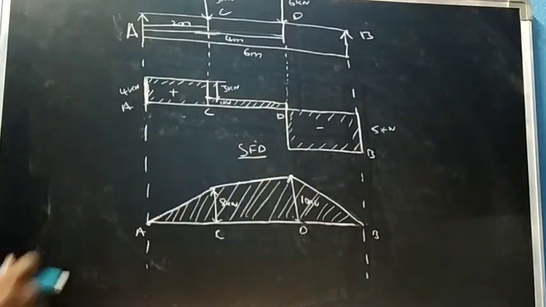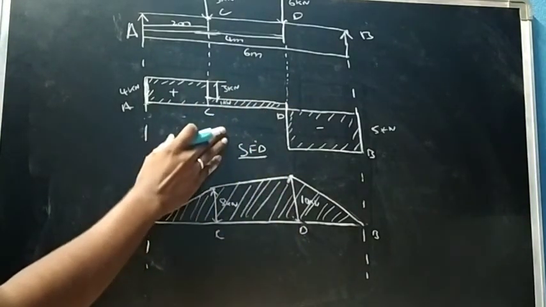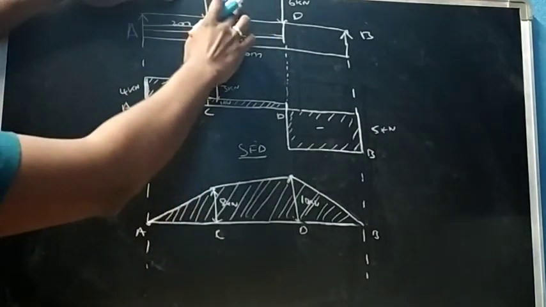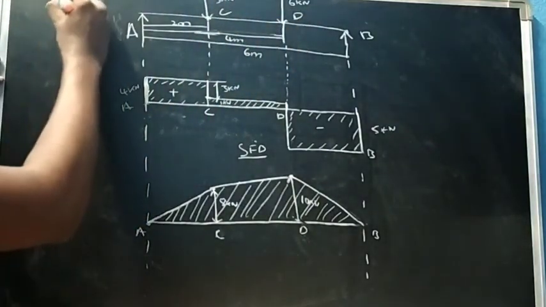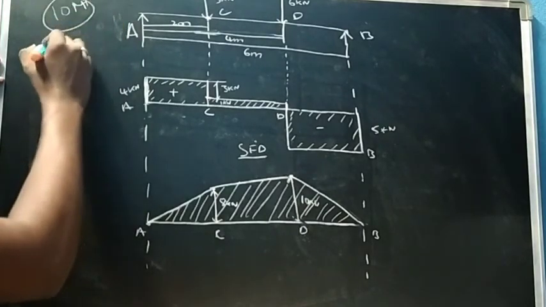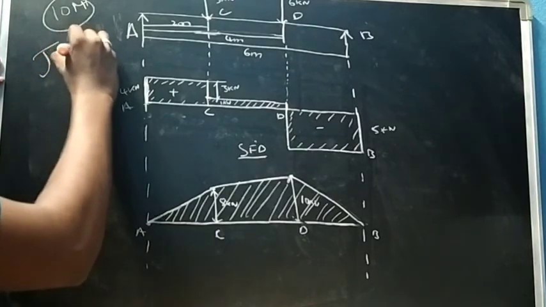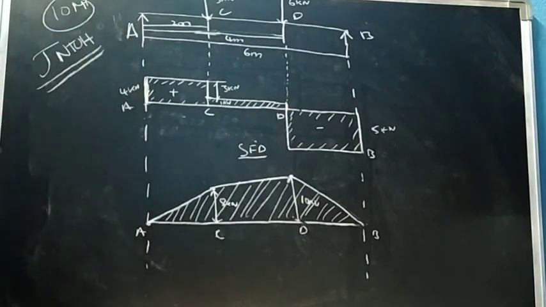Okay, so don't forget to do more problems on shear force and bending moment when point load is applied. You can change the load. It is a 10 marks question in your external paper at JNTU. In the external question paper, it is asked many times for 5 marks, 7 marks, 10 marks, right?